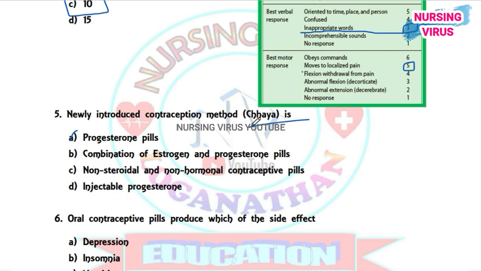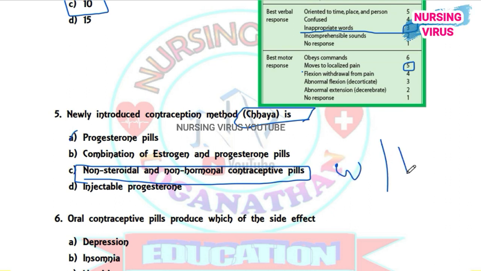CHEA was newly introduced in the UK recently, and it is a non-steroidal and non-hormonal contraceptive oral pill. The person can take it weekly once. It does not have much side effect on hormones, and steroid effects will be less common.